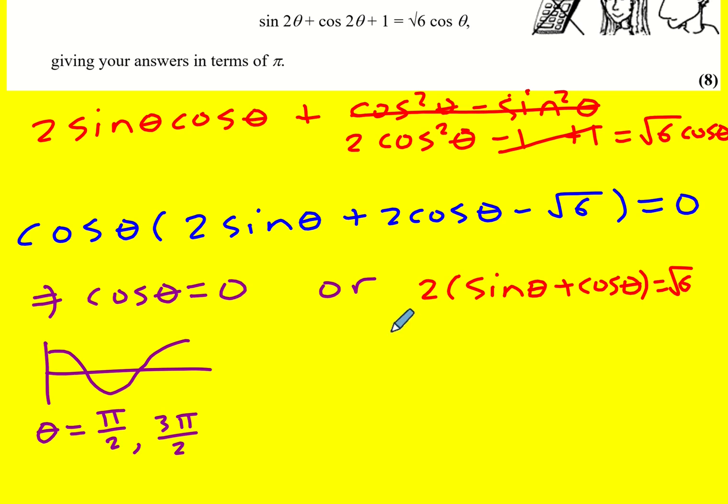I think I'm going to first of all write it as sine theta plus cos theta is going to be, well, it's going to be root 6 over root 4, which is actually root 3 over root 2. Not the square root of 3 over 2, which is probably where we're headed, but the square root of 3 over square root of 2.